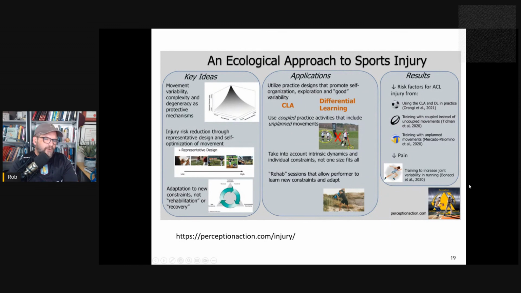But most importantly, I think this is another page that I have on my website. It's perceptionaction.com/injury. It adds to this really exciting, increasing body of knowledge of what I've been calling an ecological approach to injury, sports injury prevention, right? So the idea that what we want to do is reduce injury by creating adaptable, variable, as Bernstein would call it, dexterous athletes, people that can solve the same movement problem in different ways.